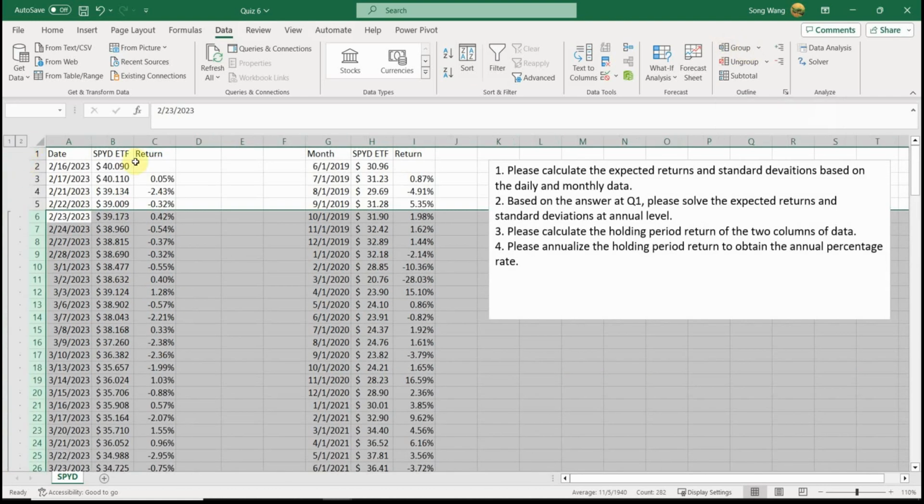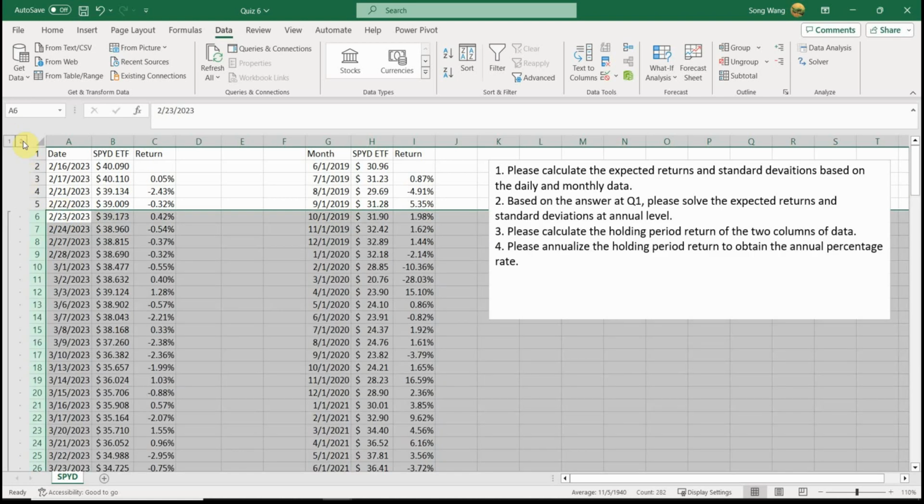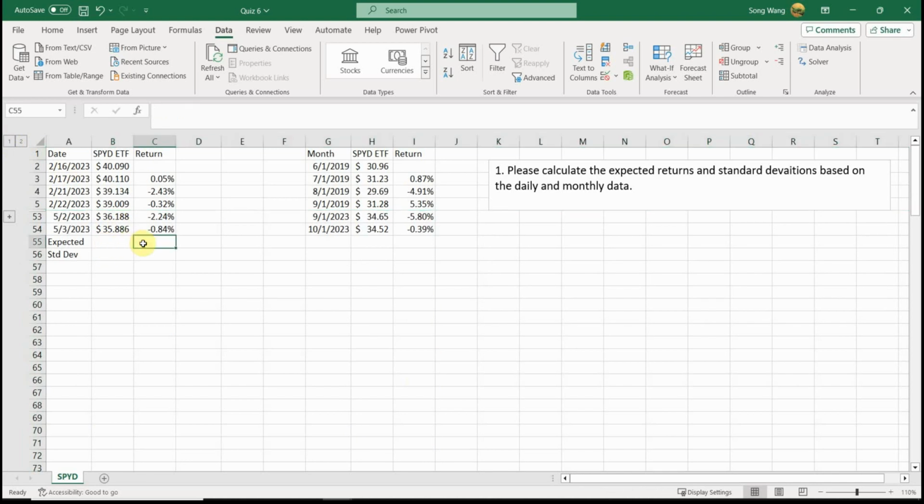After clicking Group, you will see I have two buttons here. I can just click on one button, and this way the middle rows are hidden. They are hidden, not deleted, so the data are still there. If I click on number 2, they're still there. If I click on number 1, then I save a lot of room for me to perform the calculation.